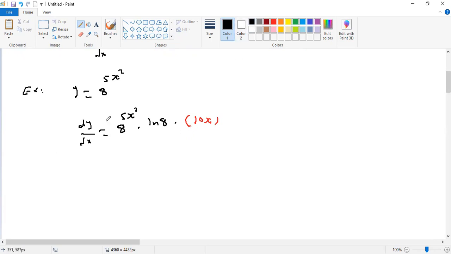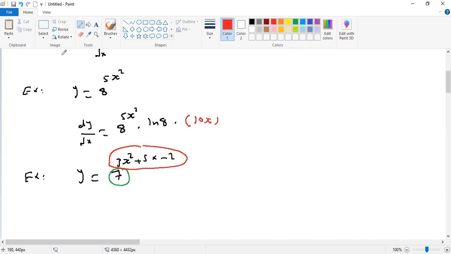Another example. If we say y equals 7 to the power 3x squared plus 5x minus 2. The base is 7, and the power is 3x squared plus 5x minus 2.